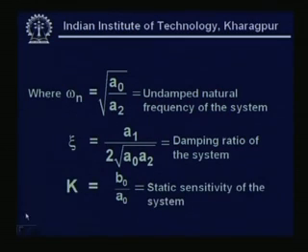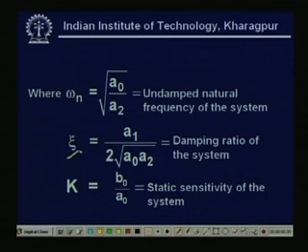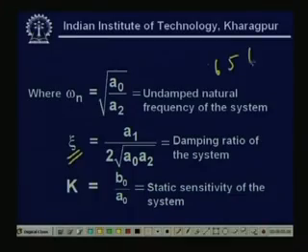Now, we will see that this damping ratio of the system, that means xi, will play an important role for a second order system. Depending on the value of xi, you will find how much hump there will be in the system. Typically, you will see in future that for a second order system we usually put the value of xi between 0.65 and 0.7, because we cannot make xi more than 1, as in that case it will be an overdamped system, and we cannot make xi equal to 1 either, as it is a critically damped system.